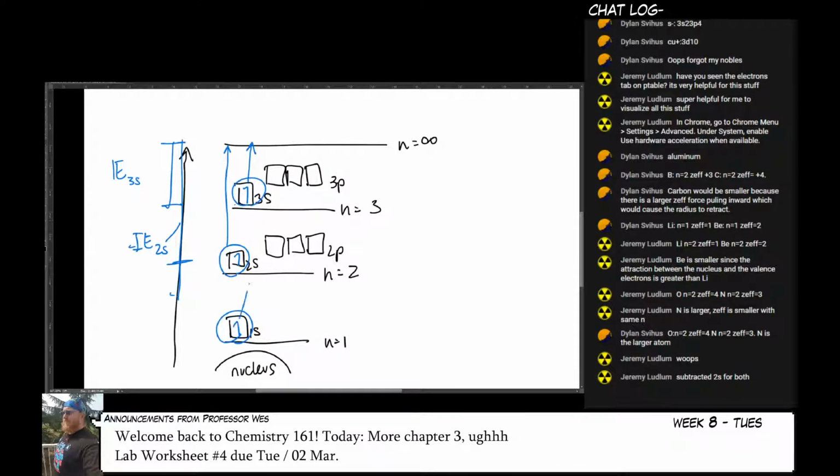And then 1s would be even more energy still. So the further away the electrons are from the nucleus, the easier they are to ionize. So as n increases, ionization energy for the first ionization decreases.